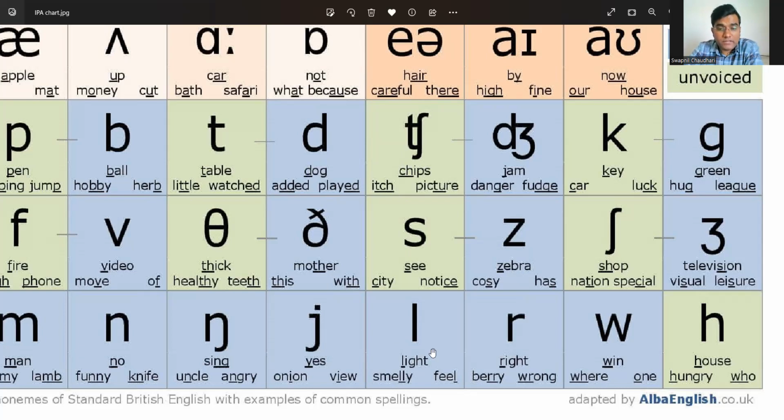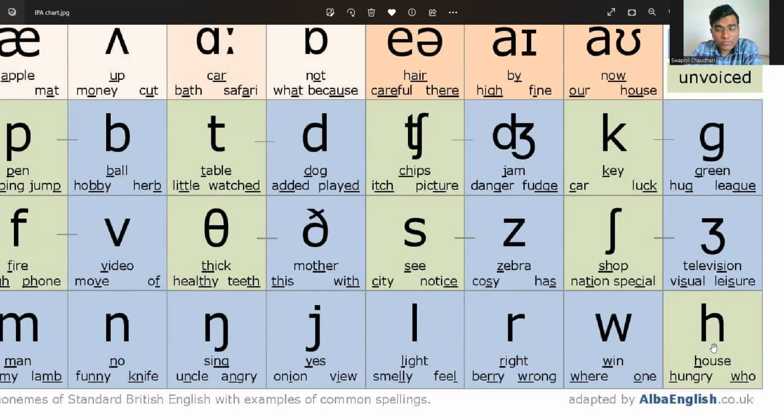Then we have the L sound, as in light, smelly, feel, represented by small l. Then we have the R sound, as in right, berry, wrong, represented by r. Then we have the W sound, as in win, where, one, represented by w.